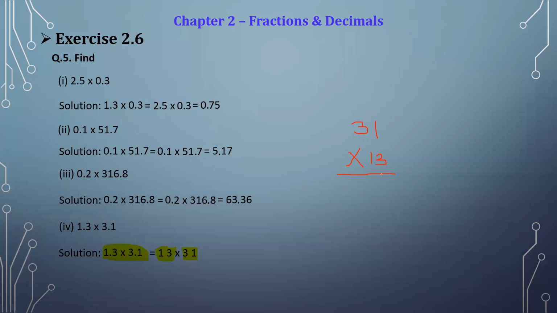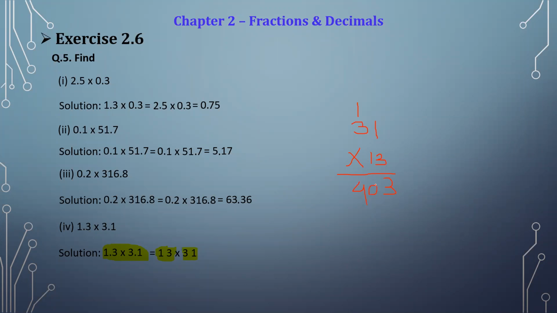So here we have to count the 13's table now. 13 ones are 13. So here the remainder is going to be 1. Then 13 twos are 26. 13 threes are 39, plus this 1, that means 40.